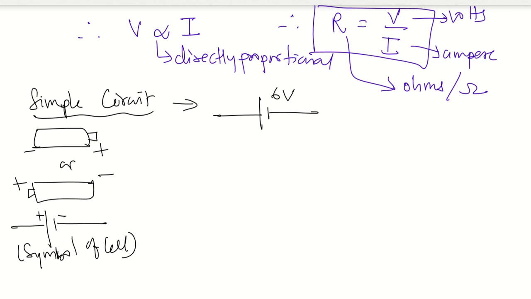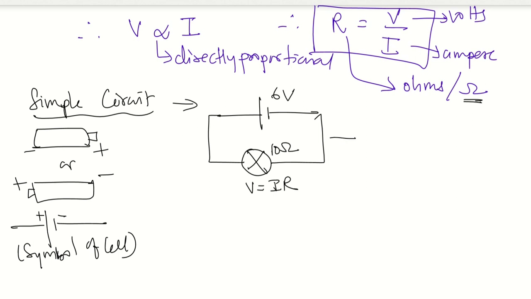So if I connect like this, and then connect a bulb here, then I know V should be equal to IR. If the resistance is, for example, 10 ohms, and by the way, the symbol you see here is for resistance, 10 ohms, then from this circuit I can find the I, because I will be V upon R, and your V is given as 6, your R is given as 10.